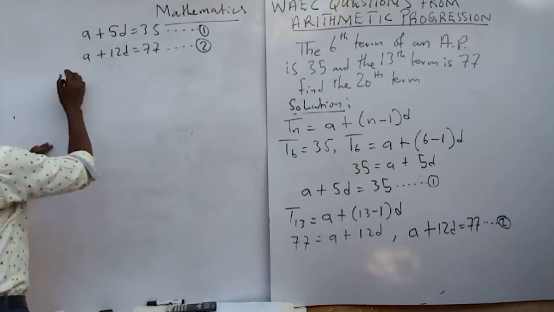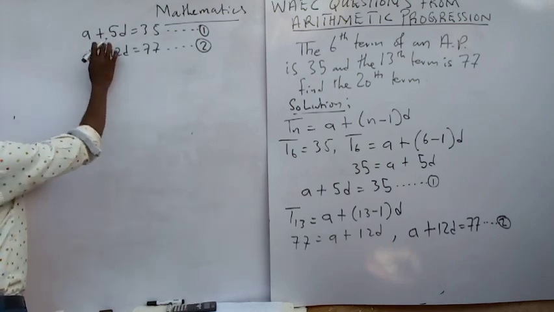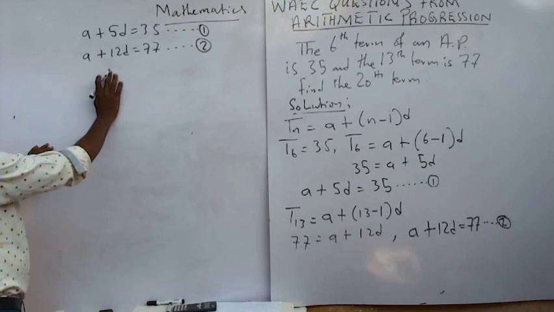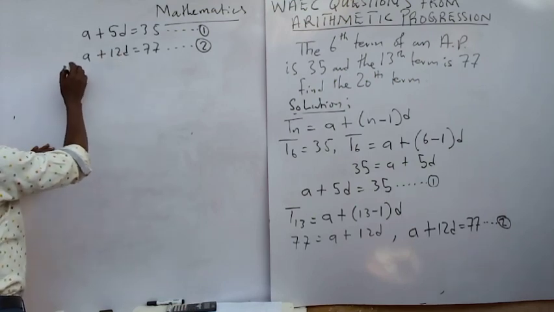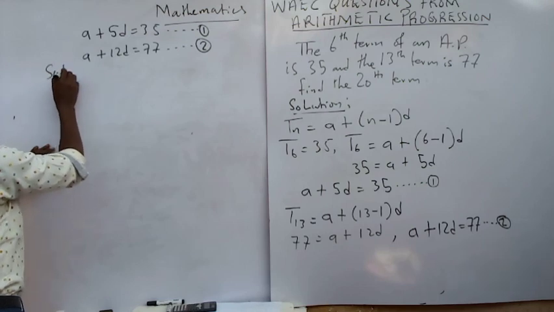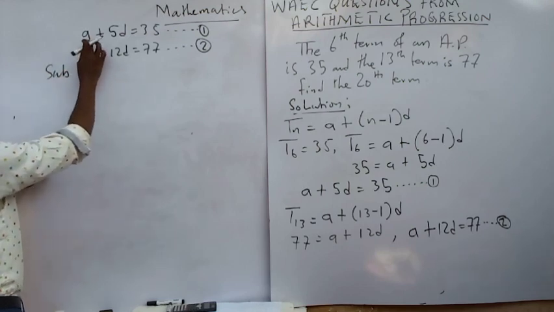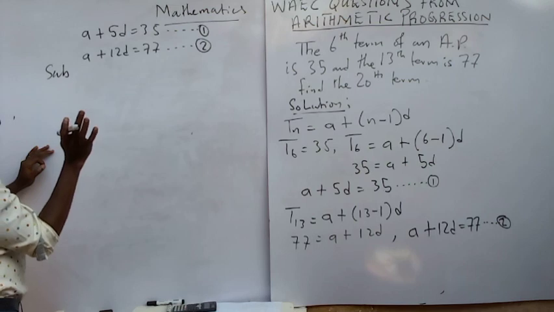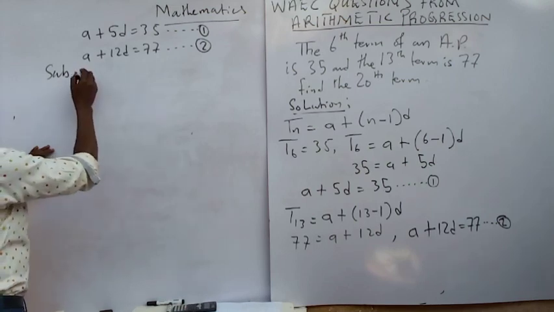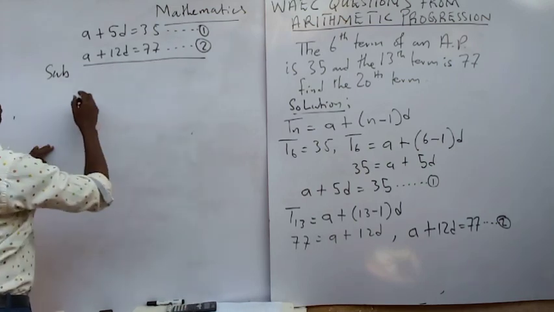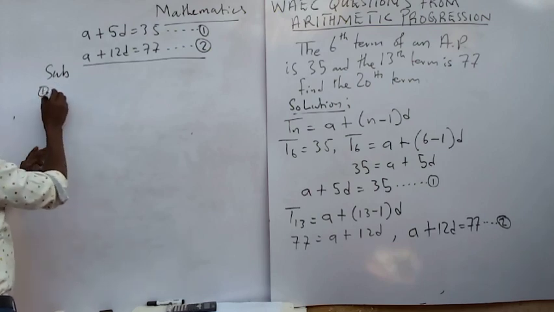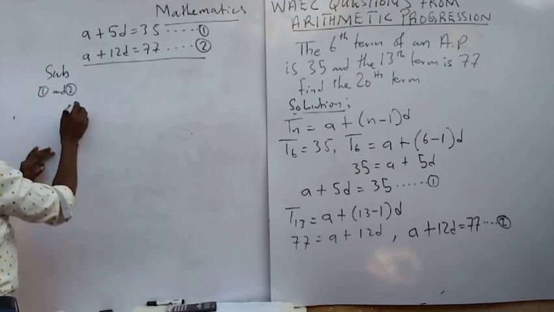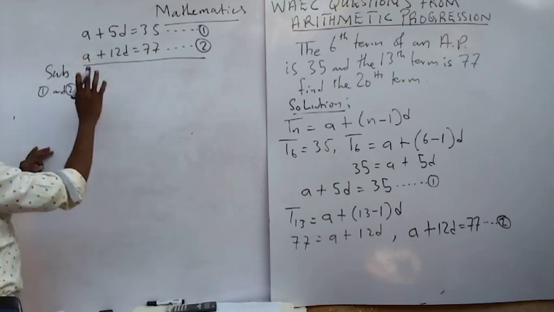So if I subtract equation 1 and 2, this minus this will go. You have to be consistent.